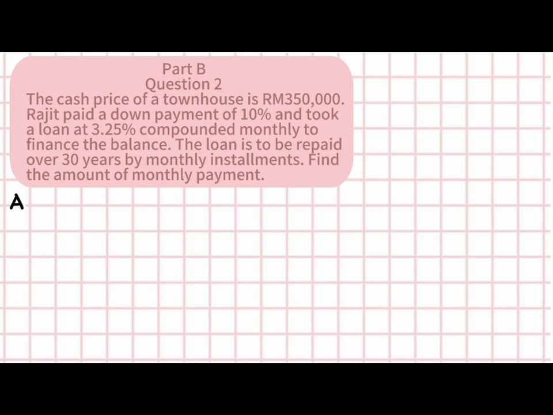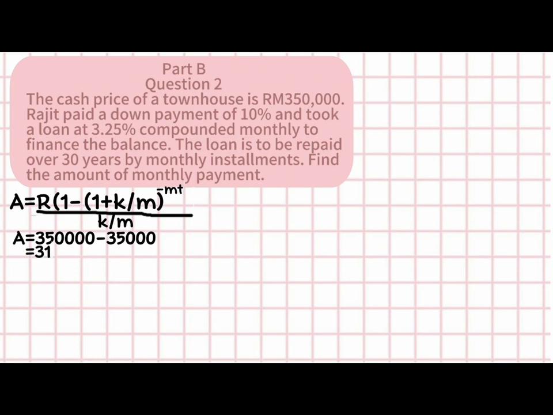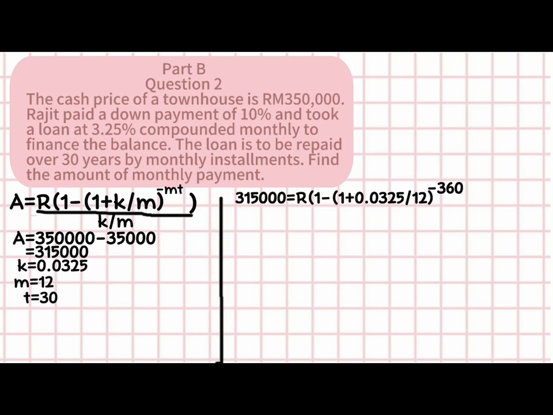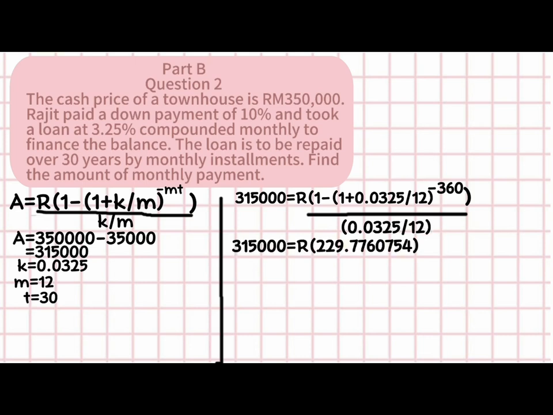Therefore, we use the present value formula A equals R, and subtract the down payment from the cash price to get the present value A, and list K, M, and T. Then fill in the information, calculate the right side first, then move it to the left side as a division, and R is 1,370 ringgit 90 cents.